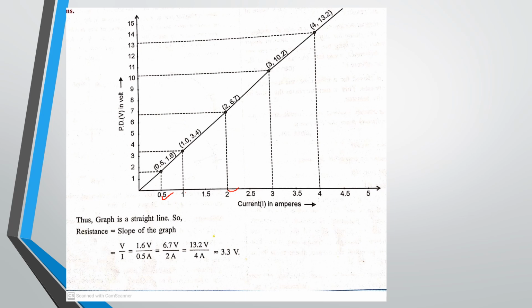Now you can see that this is a straight line. So this straight line represents that the potential difference is directly proportional to current, through the slope. Slope is nothing but the slope of the graph.